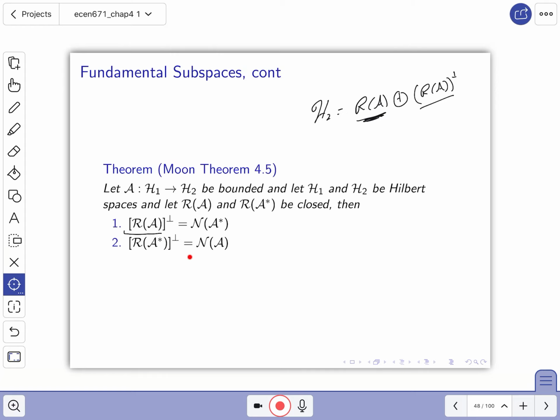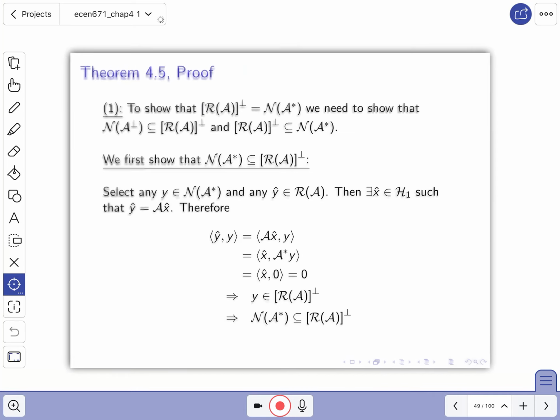So it turns out that the proofs of 1 and 2 are basically the same. After we've proved 1, every time we mention A, we can say A star, and every time we mention A star, we use A. And so we're only going to prove item 1 here. To prove item 1, to show that the space that is orthogonal to the range space of A is equal to the null space of A star, we need to show two things.